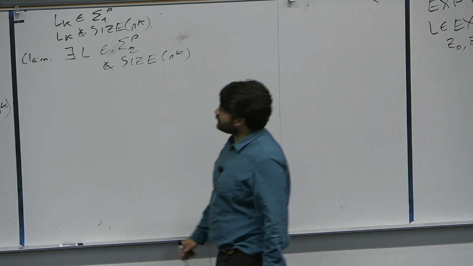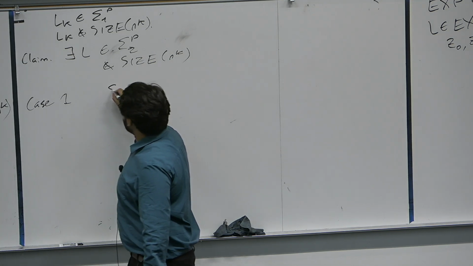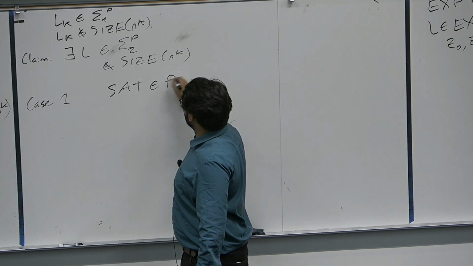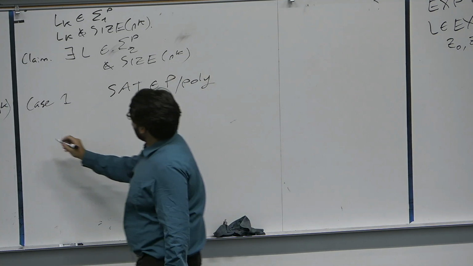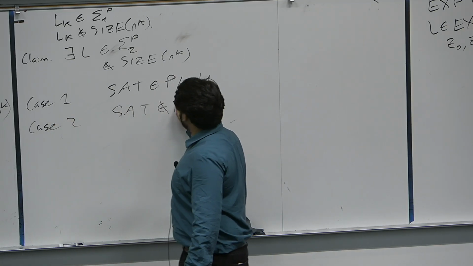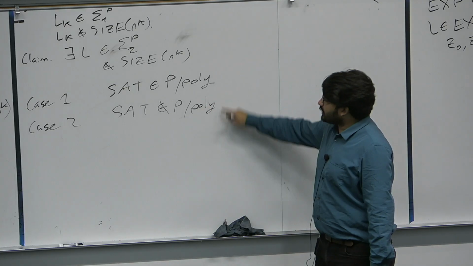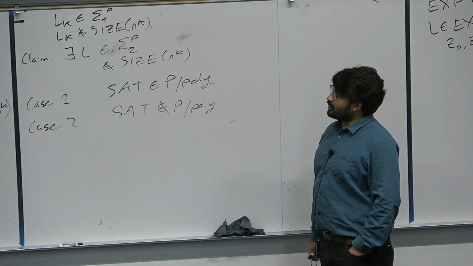Here's how we're going to do it. Case 1: SAT has polynomial size circuits. Case 2: it doesn't. One of those must be true, so our cases are total. Agree? If SAT has polynomial size circuits, what must be true?